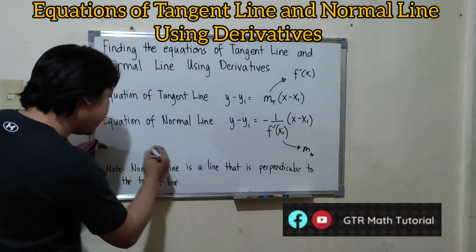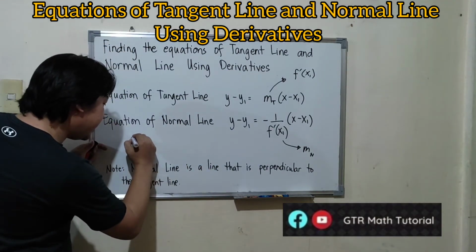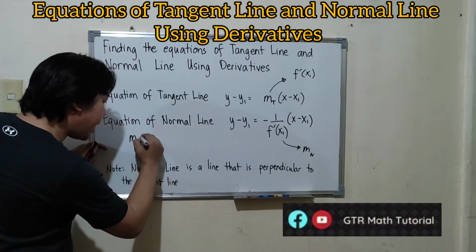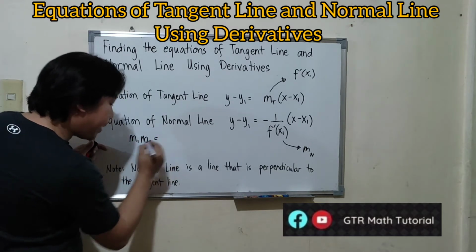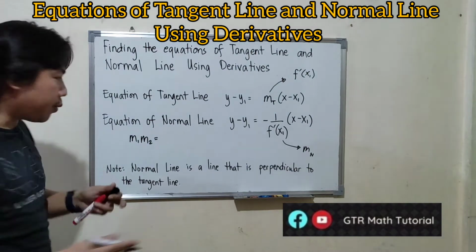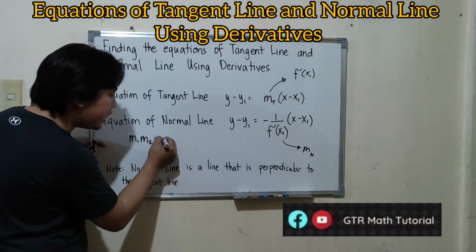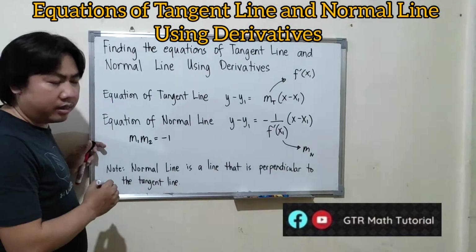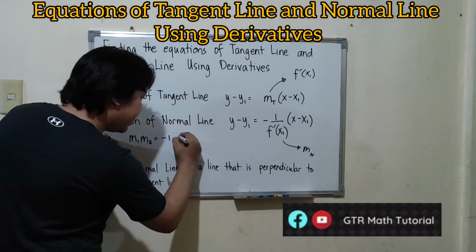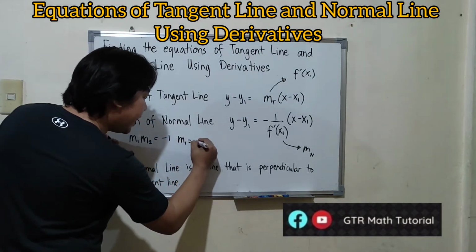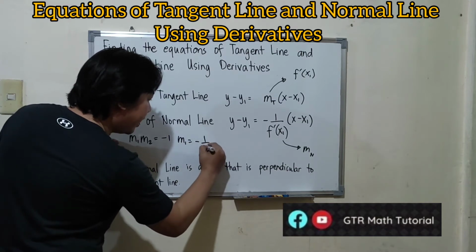Then we have the property that the product of the slopes of perpendicular lines is equal to negative 1, or the slopes of perpendicular lines are negative reciprocals.